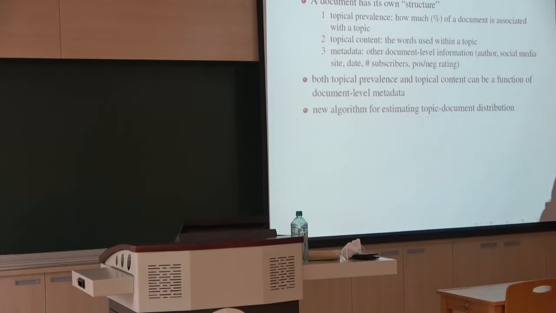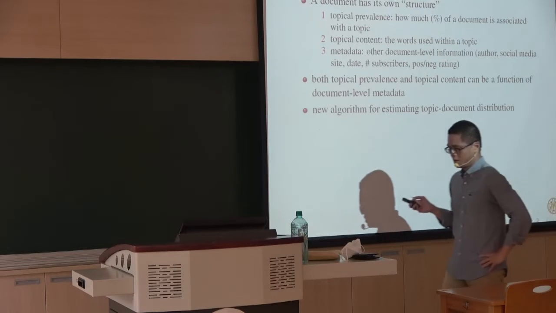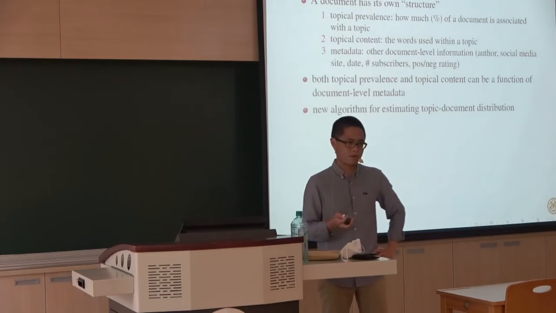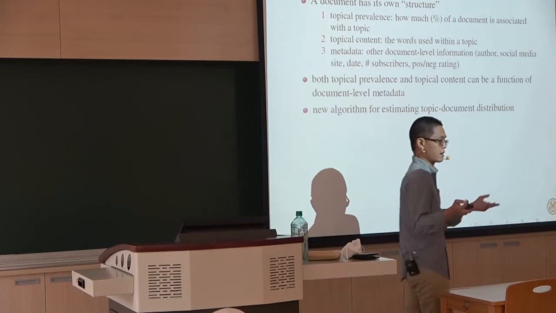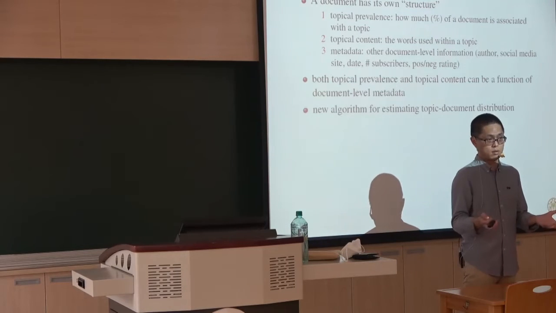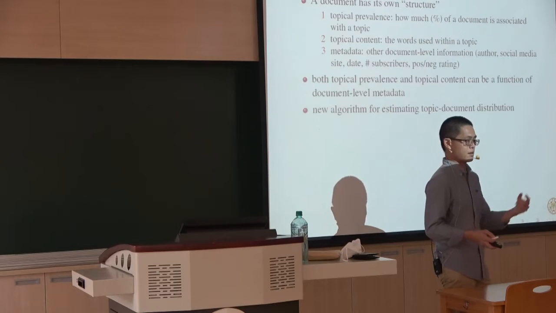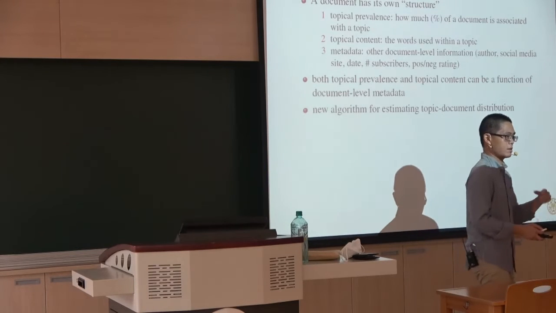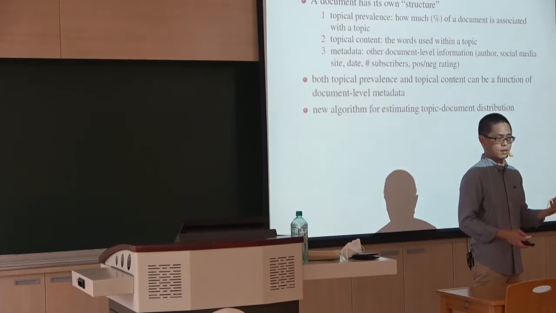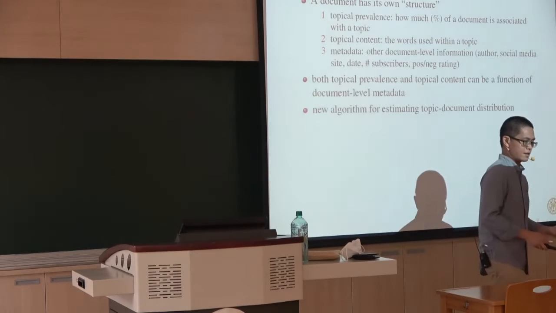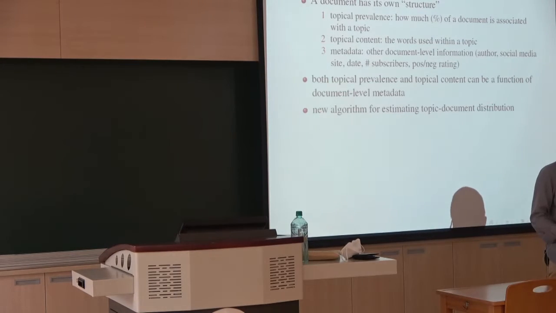And I think one of the most innovative things for this class of model is that it allows you to use not just the word or term distribution in a document as a predictor, but also other metadata information that you can use as your right-hand side variable.